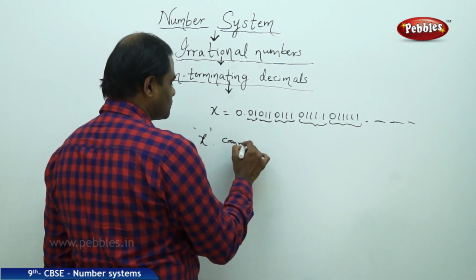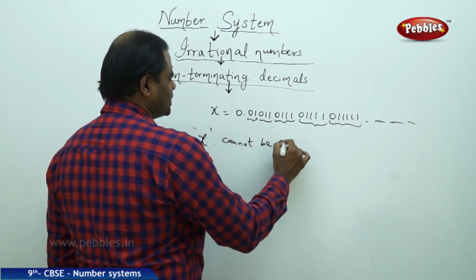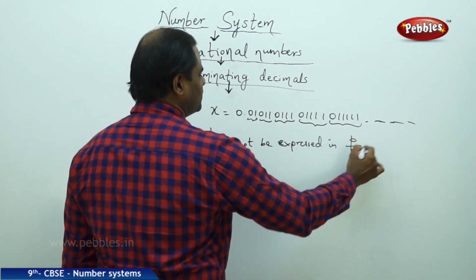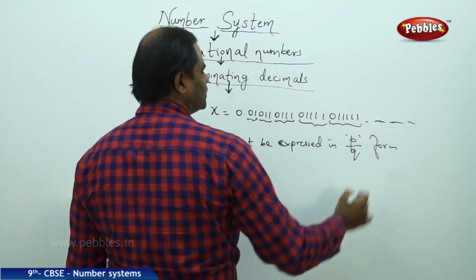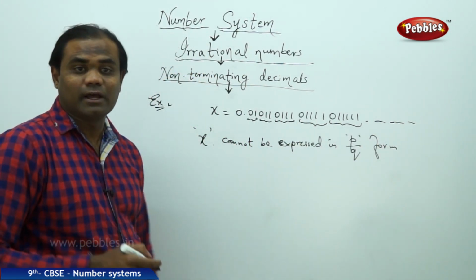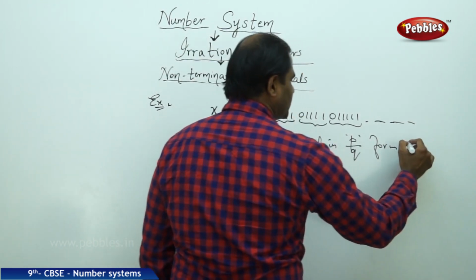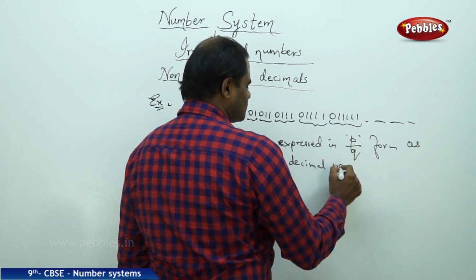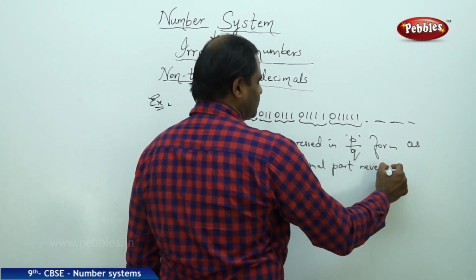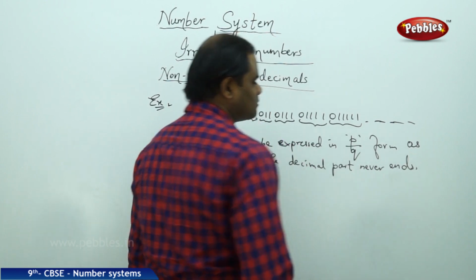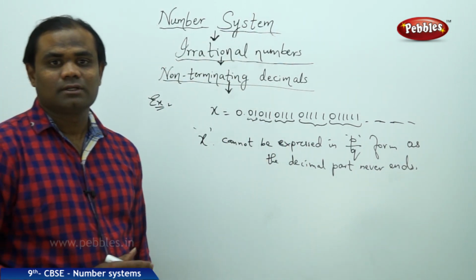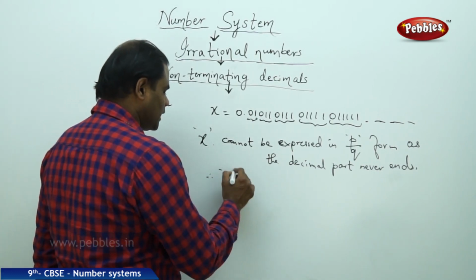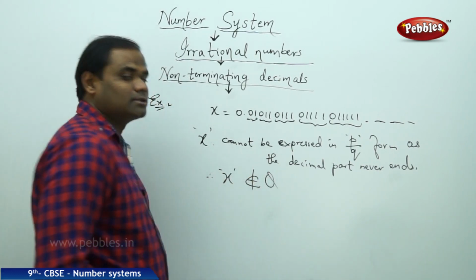X cannot be expressed in P by Q form as the decimal part never ends, and therefore, because it cannot be expressed in P by Q form, X cannot be a rational number.